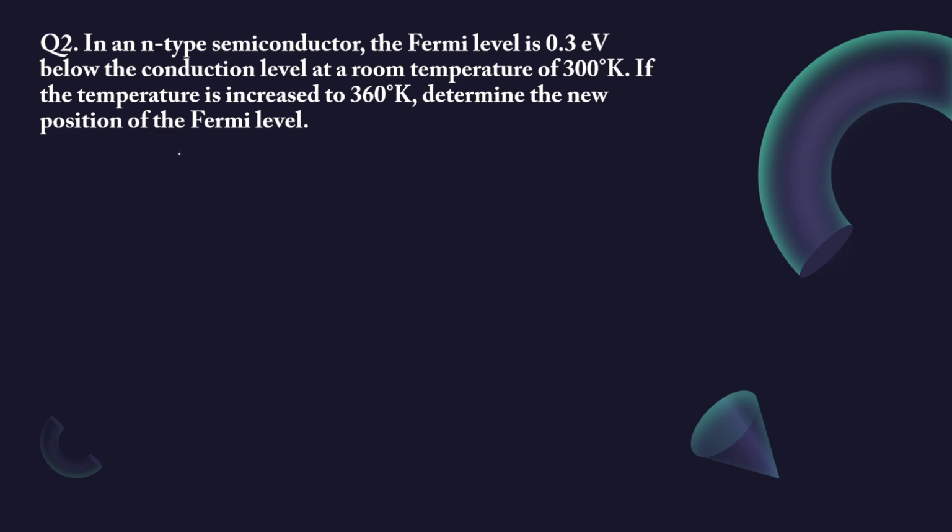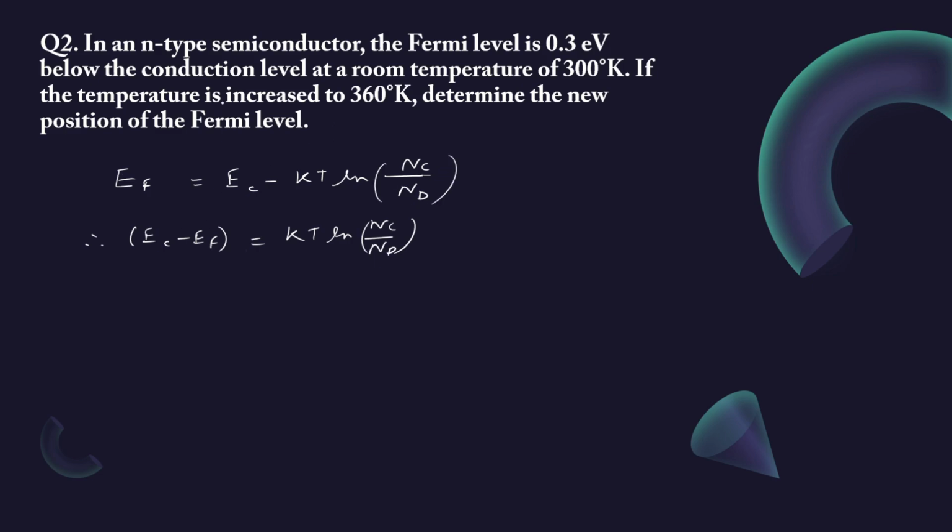As we know, the Fermi level equation of an n-type semiconductor is EF equals EC minus KT ln (NC by ND), which we found in today's class. Therefore EC minus EF will be KT ln NC by ND.